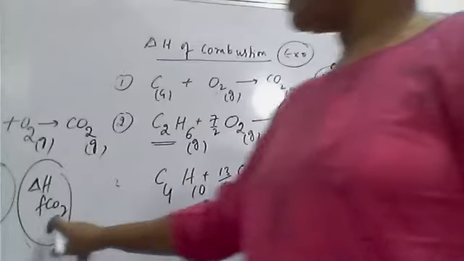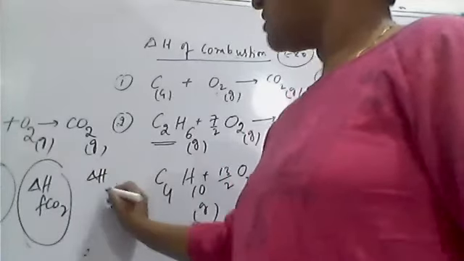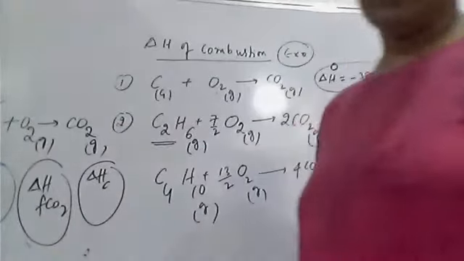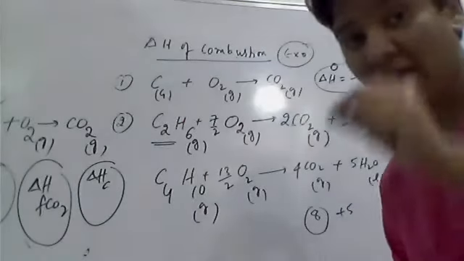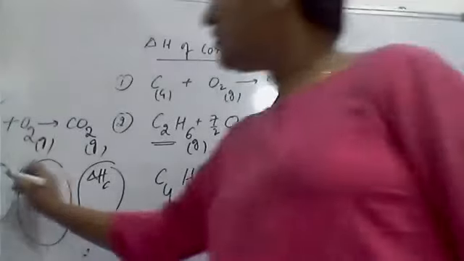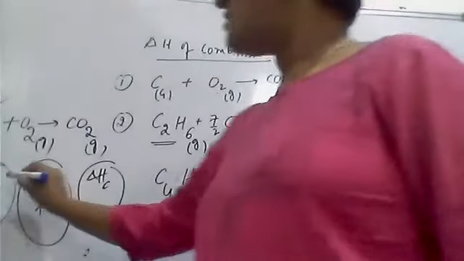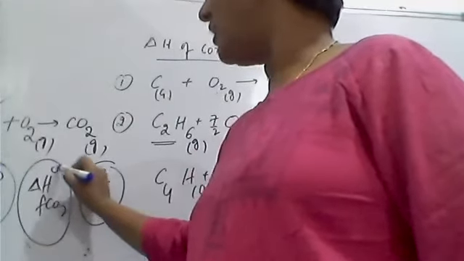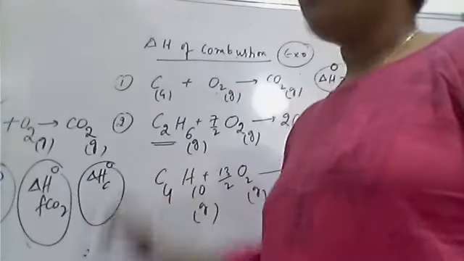Delta H f CO2 means formation of CO2, and delta H c is the heat of combustion of coke. Since graphite is the standard state of the carbon element, these heats of reaction are called standard heat of reaction, standard heat of formation of CO2, standard combustion.